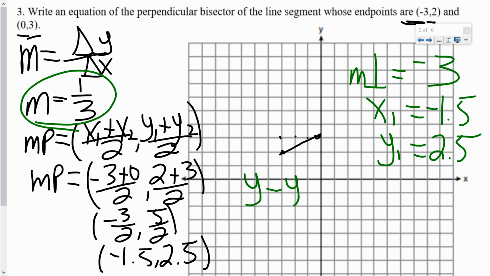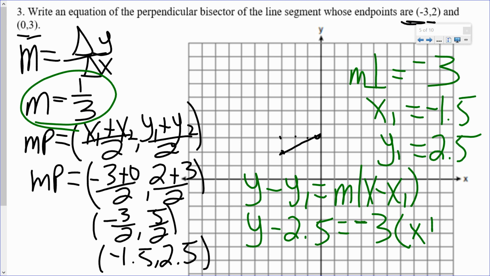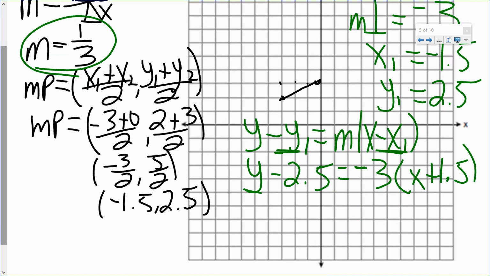Y minus y1 equals m, x minus x1. Y minus 2.5 equals -3, x plus 1.5. Remember, in point slope form, you're changing the sign of x1 and y1. Now, that's fine. You can leave your answer like that.